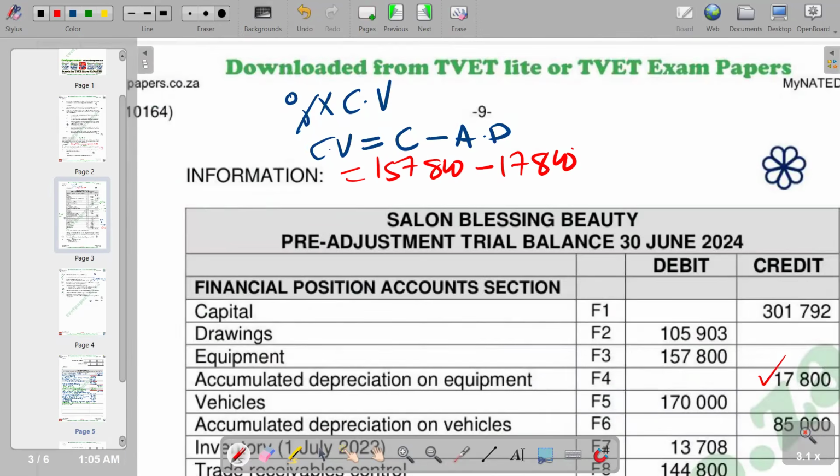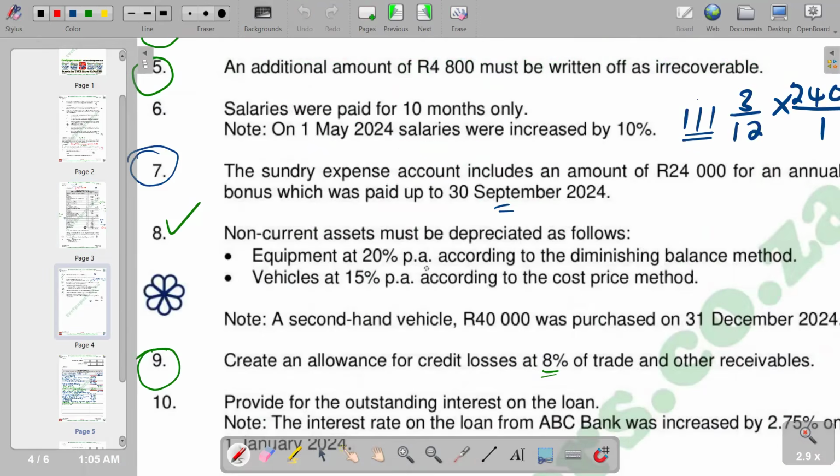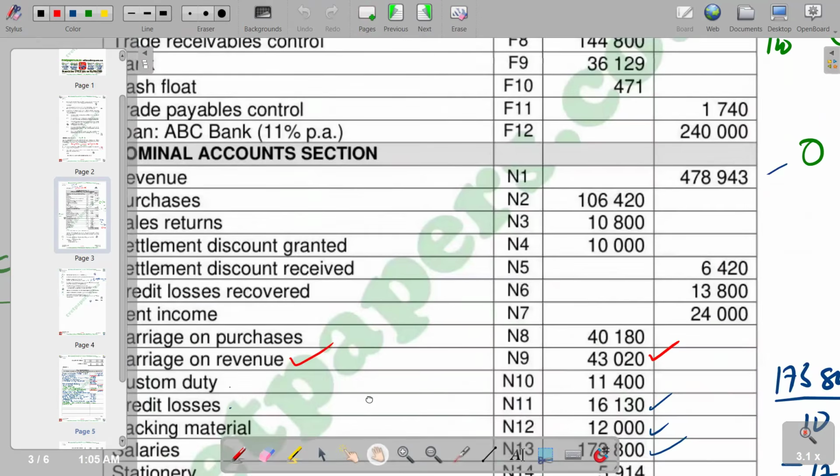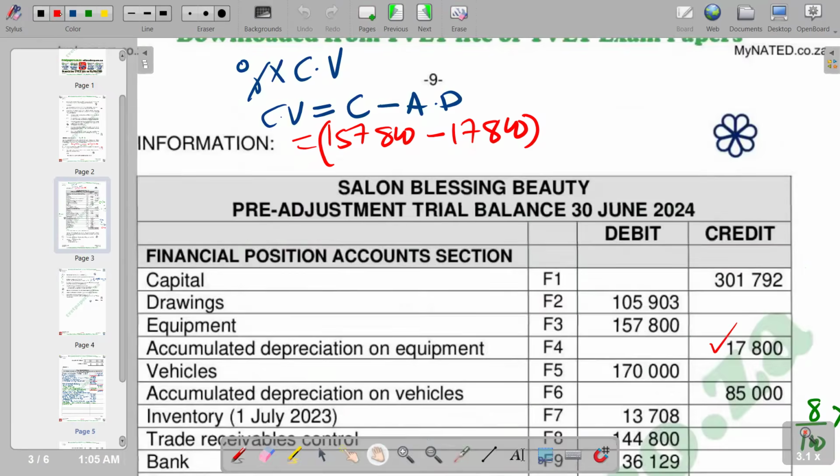Then the answer that we are going to get here, you multiply by the percentage to get the depreciation. The percentage is 20%, so we multiply it by 20%. So we calculate it like that, and we try to see what we get.